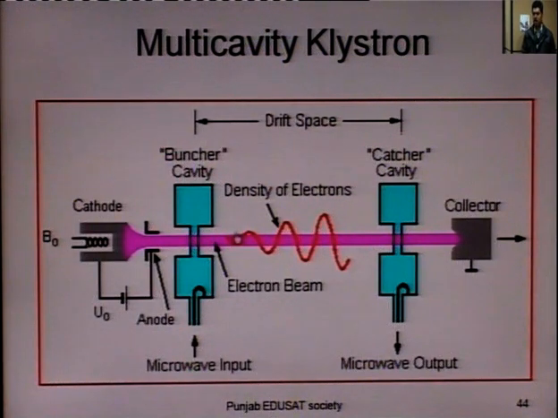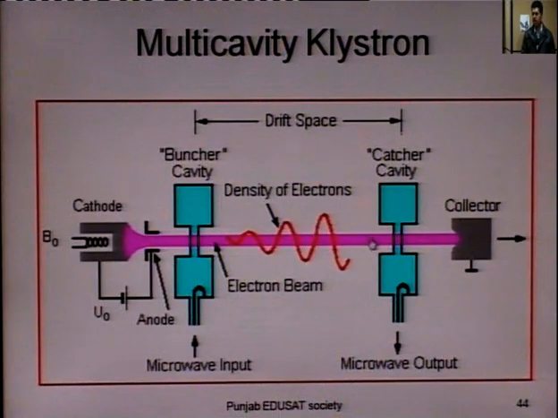As the electrons are moving, some electrons have more velocity, accelerated by the positive potential at the input buncher cavity, whereas the electrons that came during the negative half cycle will be decelerated. As a result, the electrons will bunch together here.